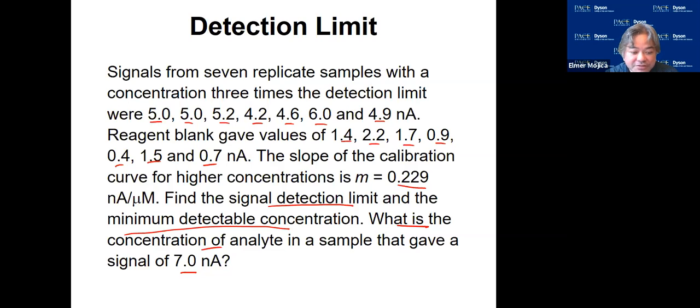So what do you need to do here? You need to determine the blank and the standard deviation that you have for the sample. So SD for the sample, and then maybe the average of the blank.